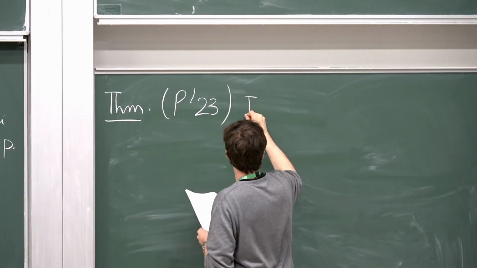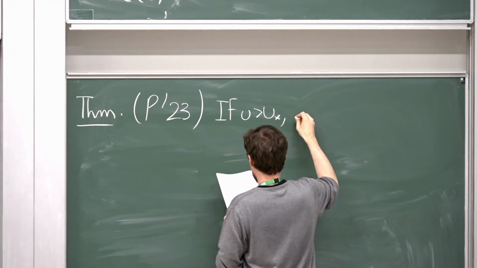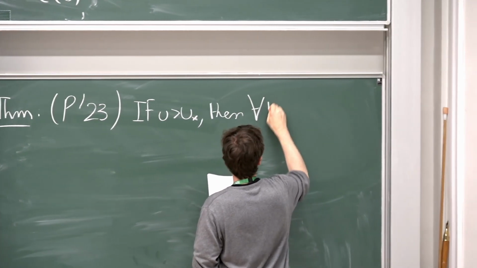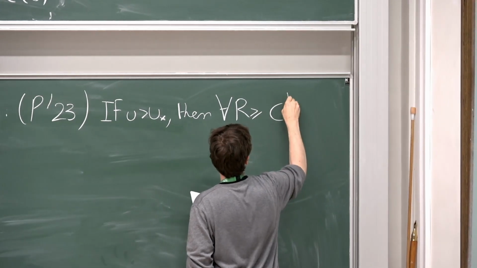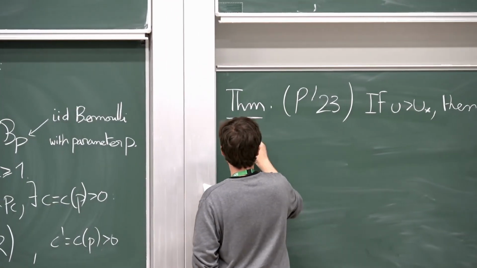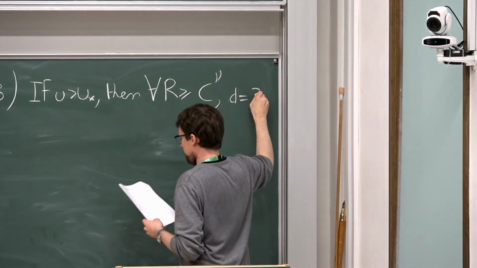Similarly, if u is larger than u star, then for all R larger than, let me call it the same, C second, you have a bound in dimension 3 which is the following.